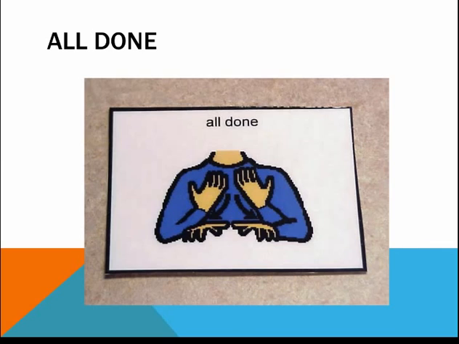And I said, if he learns that skill and totally realizes all I have to do is hand this picture or hit a button that says all done, then that's huge because you've taught him to communicate this. Once he has learned that, then you can start shaping the work that needs to be done before he can be all done. And those are what I call receptive communication tools. But this expressive is huge.